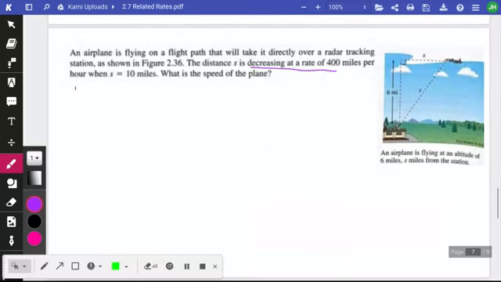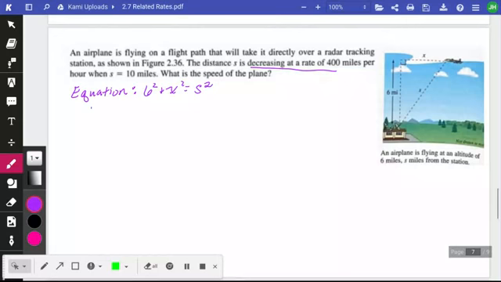So we can use an equation from a long time ago in geometry, which is 6 squared plus x squared equals s squared. Okay, so that would be our Pythagorean theorem.